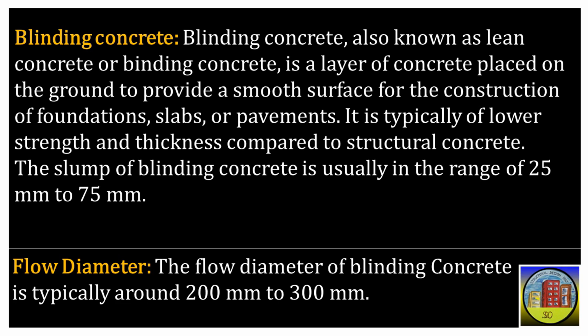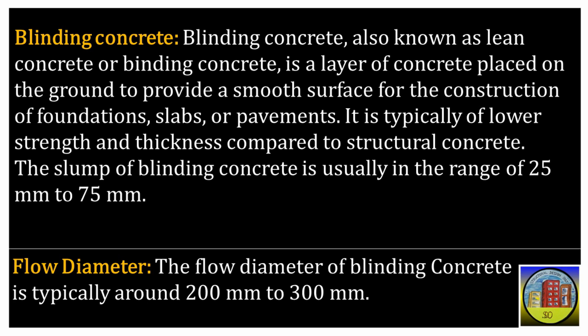Shallow sections might need 50 to 100 mm slump and 75 mm to 200 mm flow diameter, and so forth. Understanding these values sets the stage for comprehending concrete flow tests.